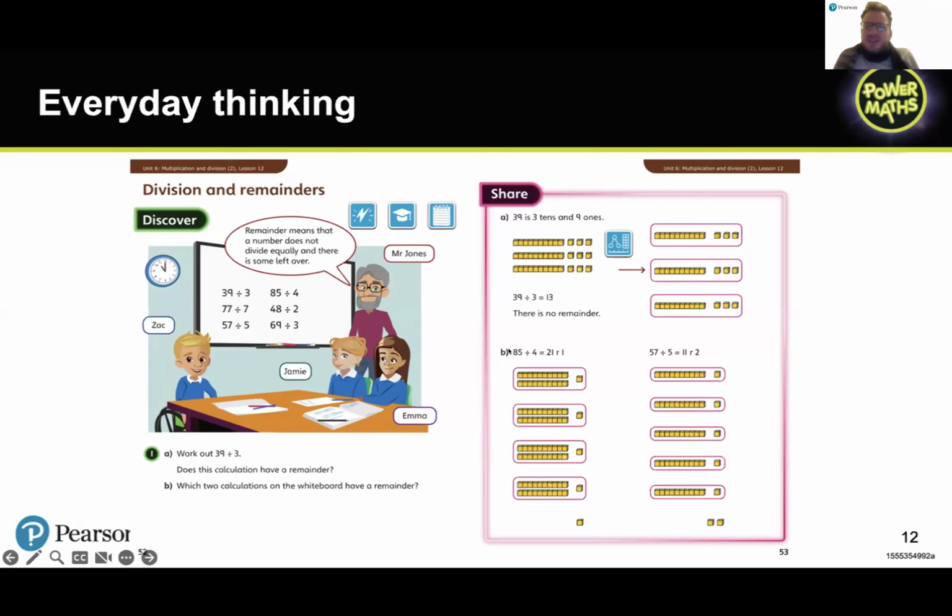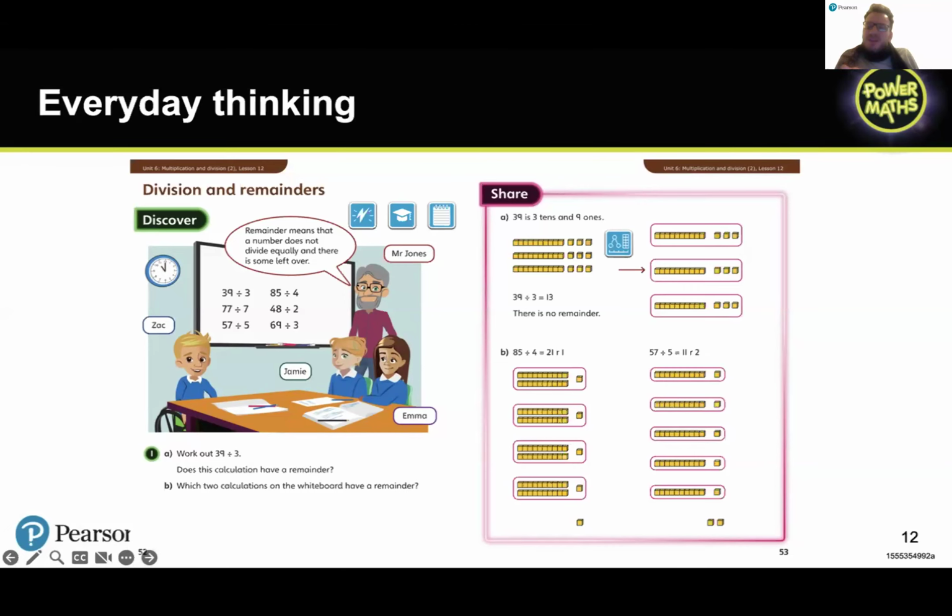So I can see that here, for example, 85 divided by 4 means shared into 4 equal groups. 57 divided by 5 is shared into 5 equal groups. I'm keeping that in my mind, rather than saying how many 5s are there in 57, or how many 4s are there in 85. I'm saying 85 shared into 4 equal groups. Just going to keep that in my mind.